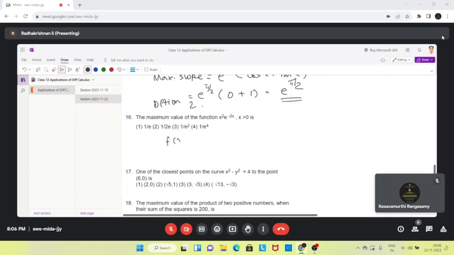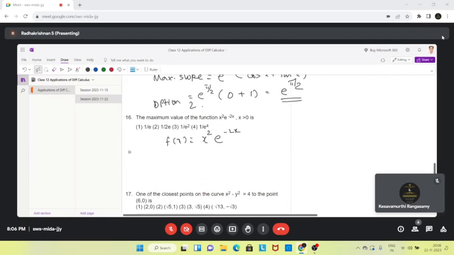So here f of x equal to x square into e power minus 2x. F prime of x is u dv plus v du.